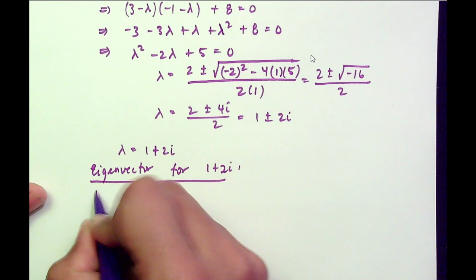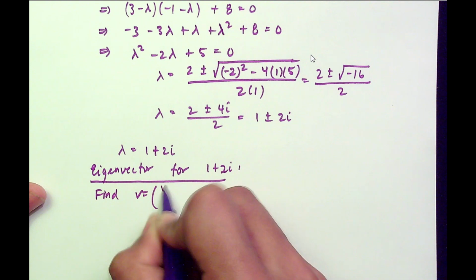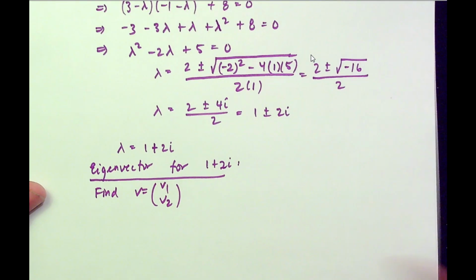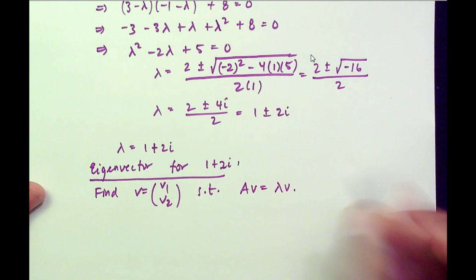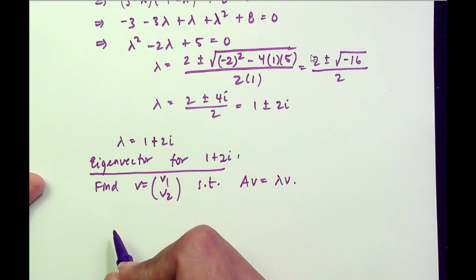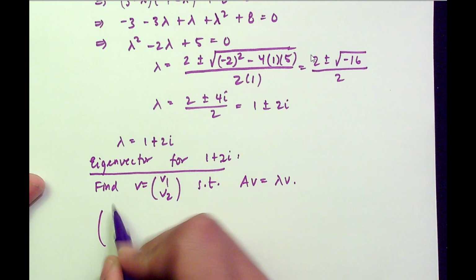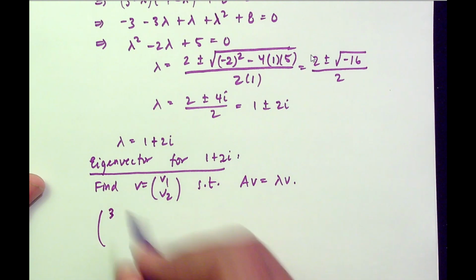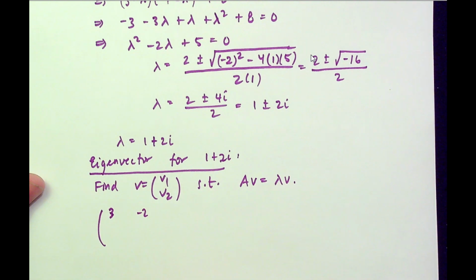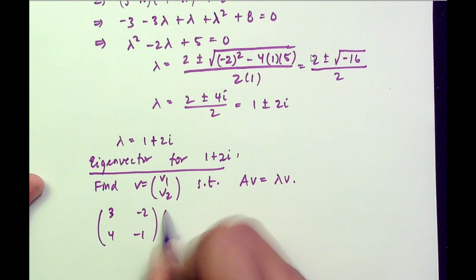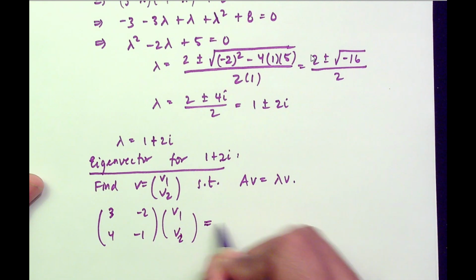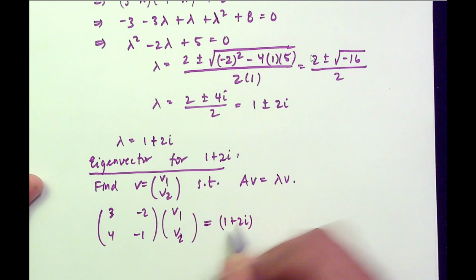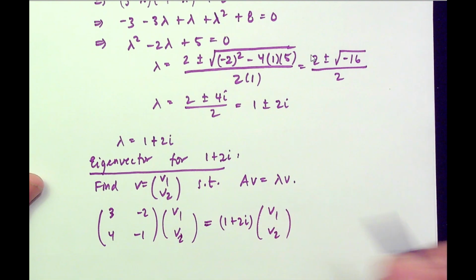Okay, that means we need to find our vector (v1, v2) such that A v equals lambda v. So writing this out, that's the matrix, I'm copying the matrix, (3, -2; 4, -1) times (v1, v2) equals lambda, but lambda is 1 plus 2i, times (v1, v2).